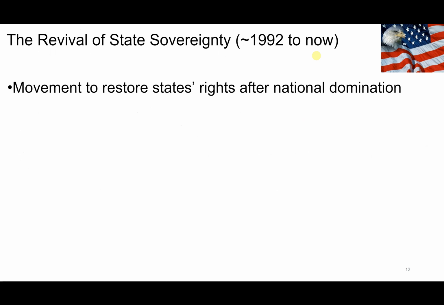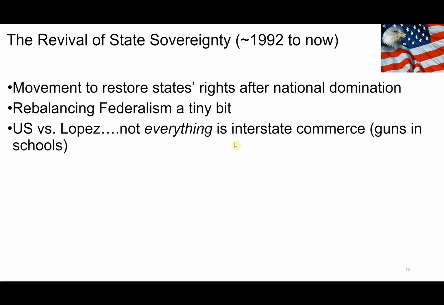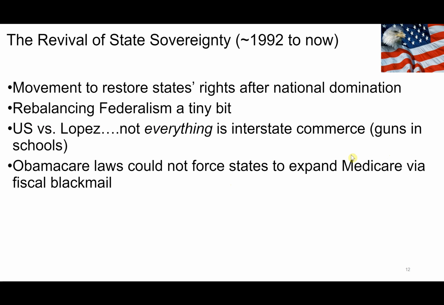The pendulum starts swinging back to restoring states' rights after national domination. This would help rebalance federalism a tiny bit. For example, the U.S. versus Lopez case, again, another one of the 15 SCOTUS cases that you need to memorize, in which the Supreme Court decided that not everything would classify as interstate commerce. In this case, it concerned guns in schools.